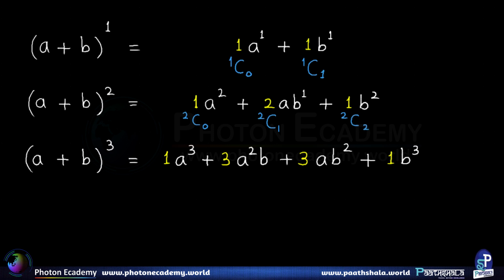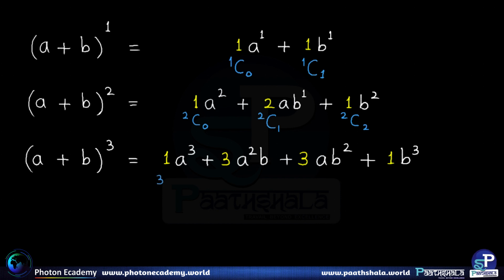I think now you can see what is happening. Similarly, we can turn our attention to the coefficients in the expansion of the cube also. The coefficients are 1, 3, 3, 1, and since the index is 3, they must be related with the number 3, and yes, it is 3C0, 3C1, 3C2 and 3C3.